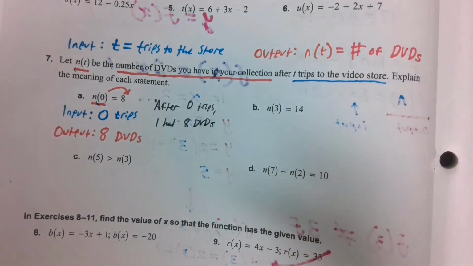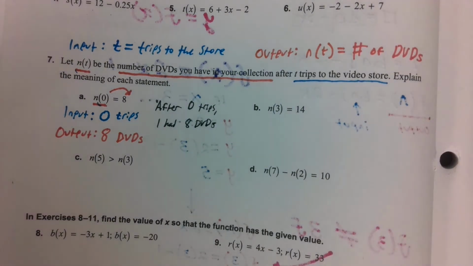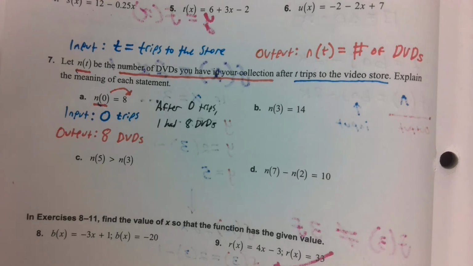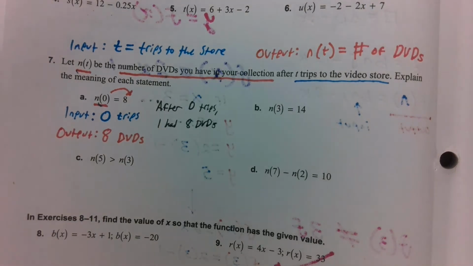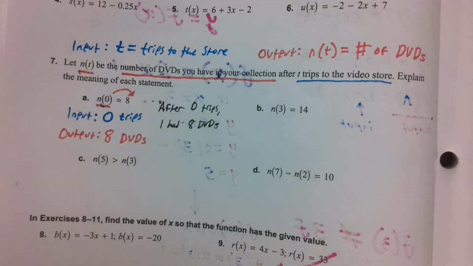Or you could write down your interpretation. I never went to the video store, but I got 8 DVDs from my dad. I didn't want to go to the video store, so I cast a spell and summoned 8 DVDs out of thin air. However you want to explain the situation, based off of the inputs and outputs, is up to your creativity, as long as you can determine what it means.